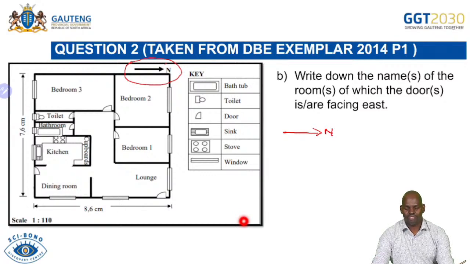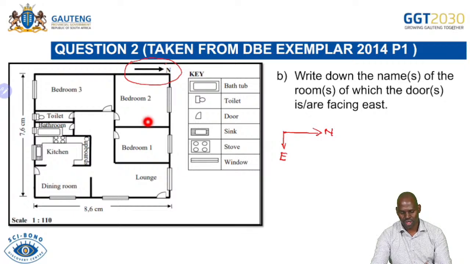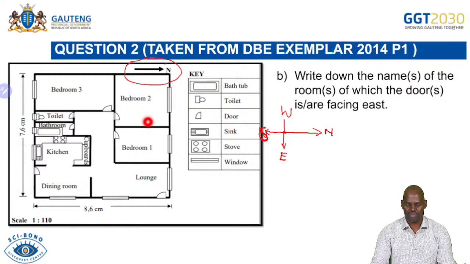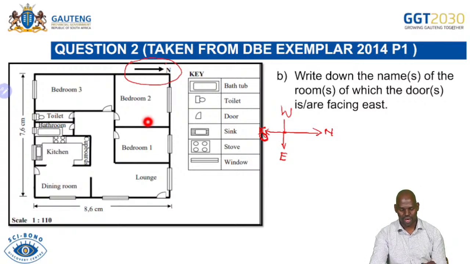So if you imagine facing in the direction of north, your right hand side will always be east, your left hand side will always be west, and below the N will be south.